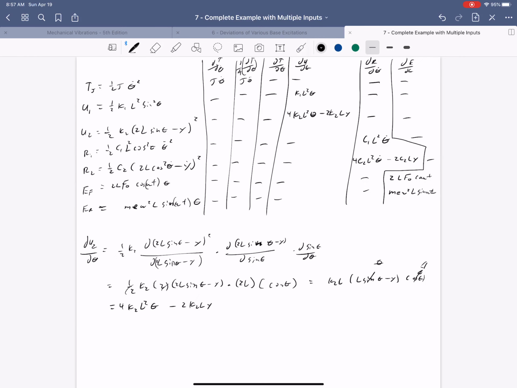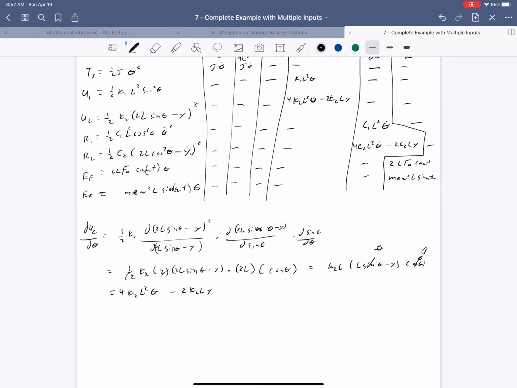So now we can go ahead and put all these together. Okay? So we end up with our equations of motion.